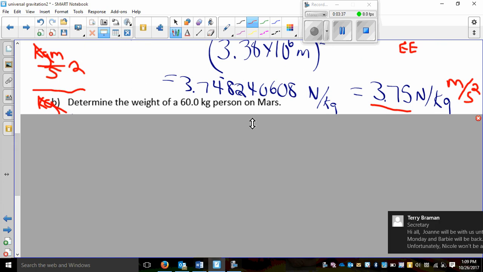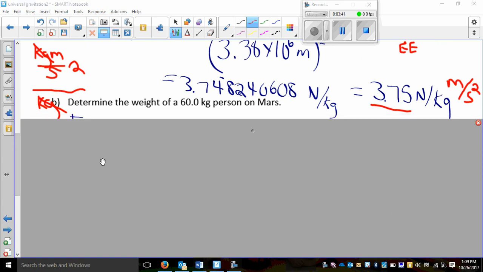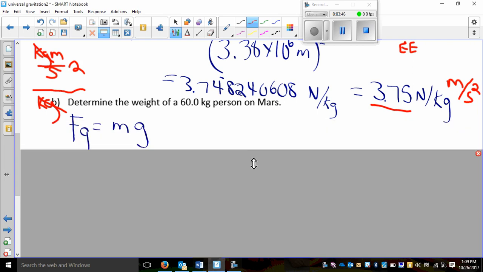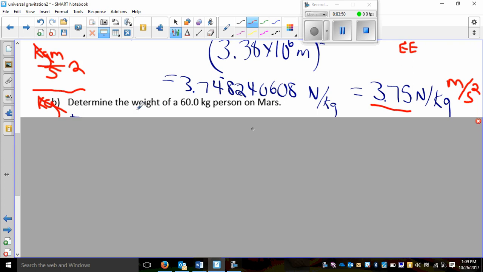Okay, now it says determine the weight of a 60 kilogram person on Mars. So force of gravity is the same as weight. We're going to go mass times this new g we just found, the new acceleration due to gravity. So 60 kilograms is how much that person weighs.